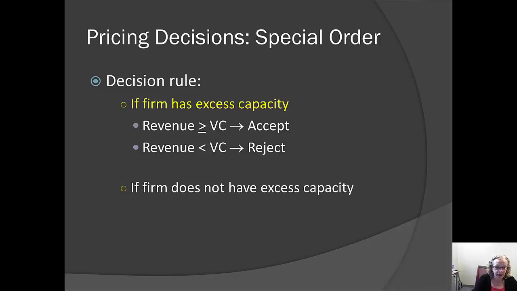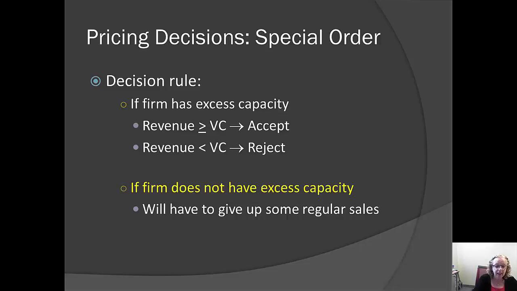On the other hand, if a firm does not have excess capacity, that means it will have to give up some regular sales in order to say yes to the special order. That makes the special order much less attractive for two reasons.